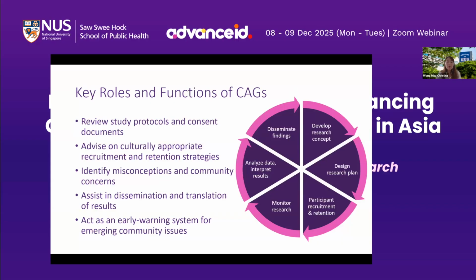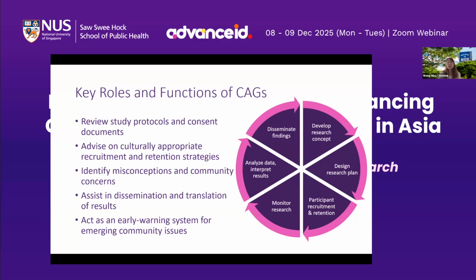So what are the key roles and functions of the community advisory group? There are many different functions, and not all studies will utilize all these different functions. These CAGs can be involved in many different ways at different phases of the research process.